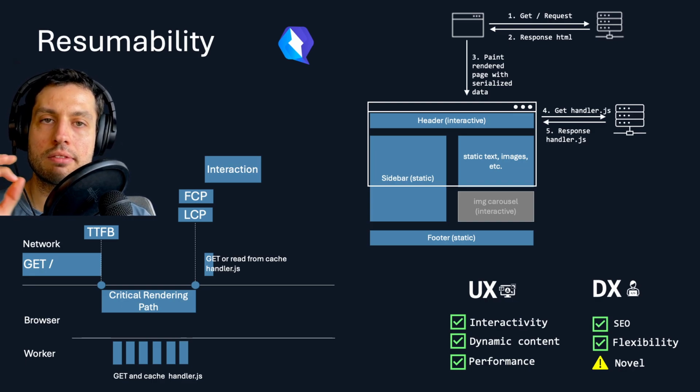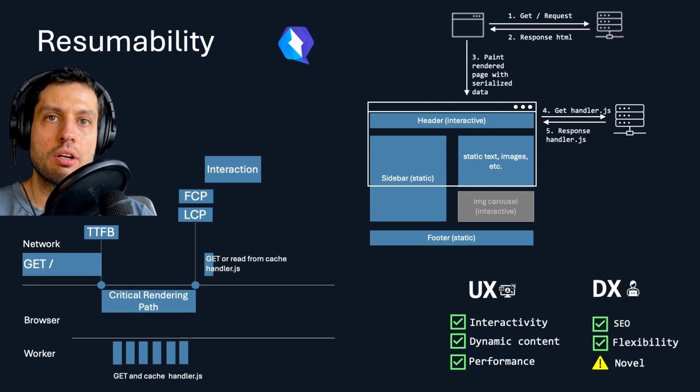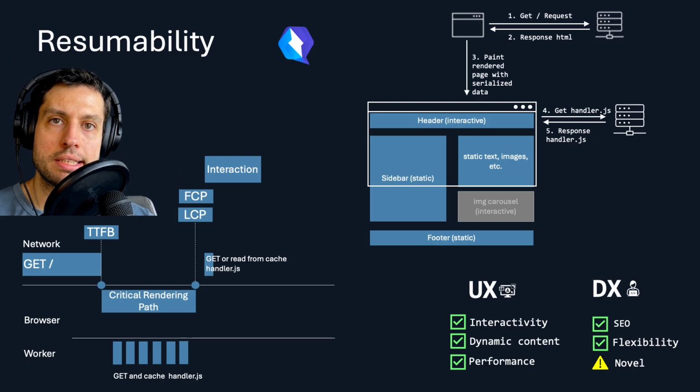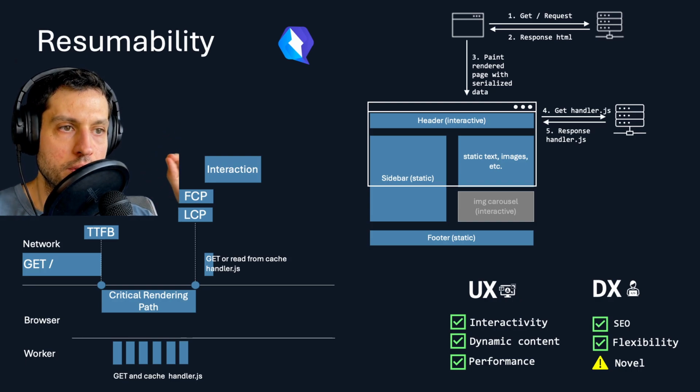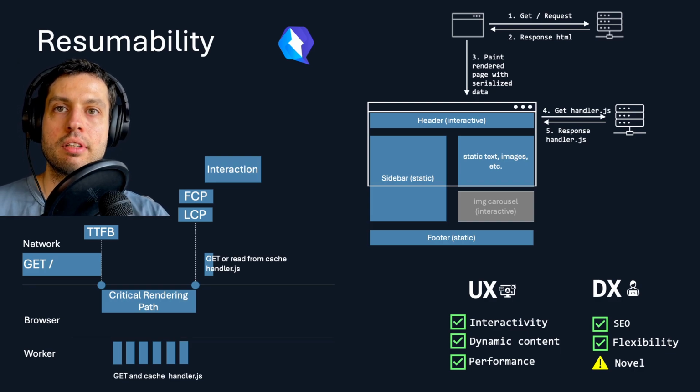We get the server-side rendered page as a response together with all of the data serialized. And we get a really small part of the framework that is responsible for downloading only the least amount needed for each component to be interactive.